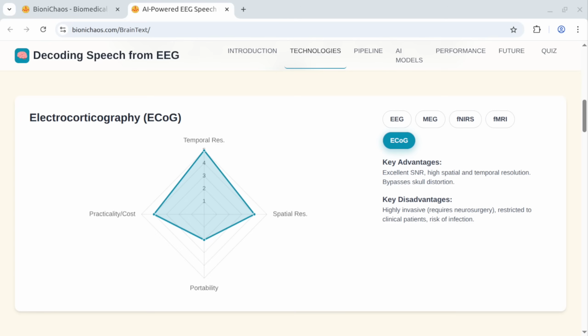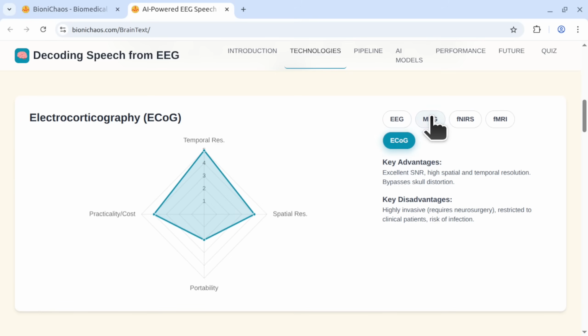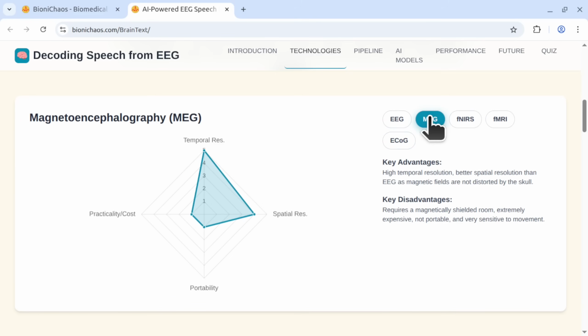And can you explain why those numbers are correct based on literature? Based on the provided information, the advantages listed for ECoG are excellent SNR, high spatial and temporal resolution, bypasses skull distortion. The disadvantages are highly invasive, requires neurosurgery, restricted to clinical patients, risk of infection. For MEG, the advantages are high temporal resolution, better spatial resolution than EEG, as magnetic fields are not distorted by the skull.